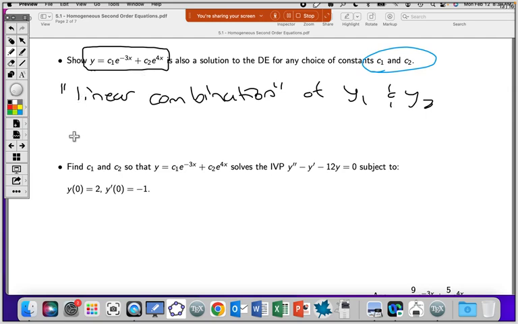You might also recognize this as a two-parameter family, going back to week 1. We're basically showing that this is a 2-parameter family of solutions. Now you can see why I'm going to let you do the e to the 4x in the privacy of your own home, because this actually kind of does both.